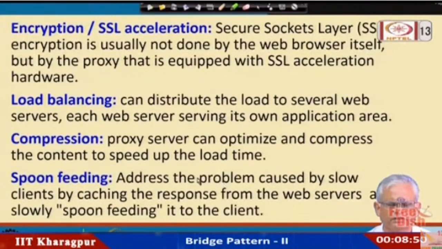Spoon feeding. Sometimes some of the clients are too slow, and if the server dumps the response on them, they will be overwhelmed, and the proxy basically spoon feeds them as it determines the slow clients.